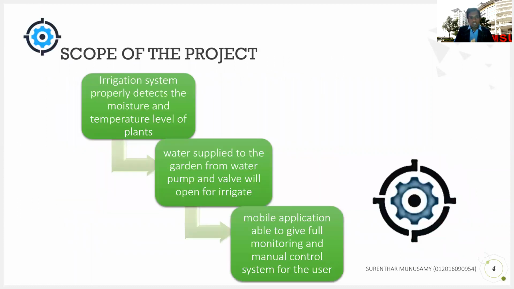So, the scope of the project: the irrigation system detects the moisture and temperature level of the specific plants, and water will be supplied to the garden from the water pump, and the valve will be opened to irrigate the plants based on the feedback from the moisture and temperature sensors. The mobile application will give full monitoring and also a manual control system for the user to take care of the irrigation system.